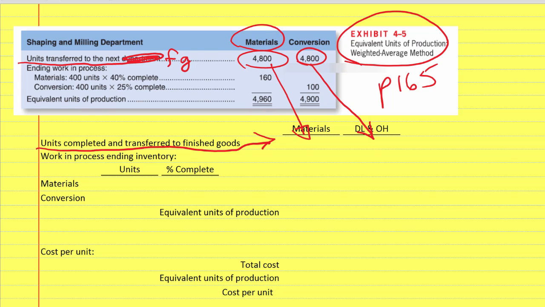So for both materials and direct labor and overhead, I'm going to drop in 4,800 units completed and transferred to the next department or to finished goods. Let me get rid of those two decimals right there since we don't need them.